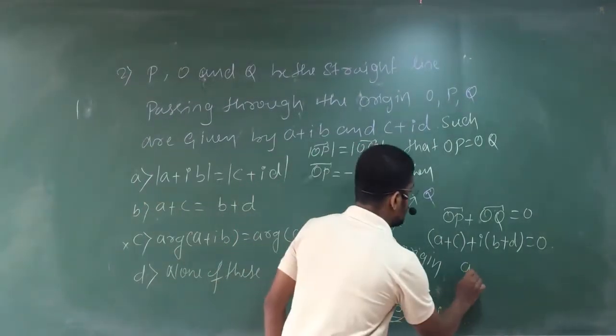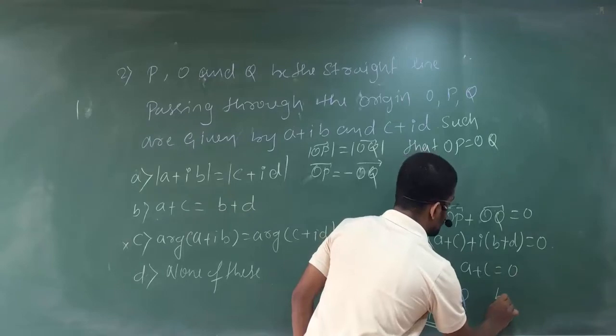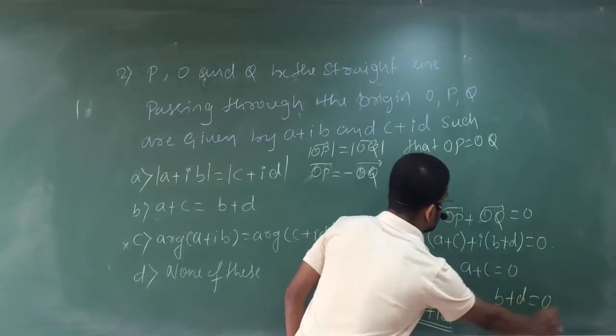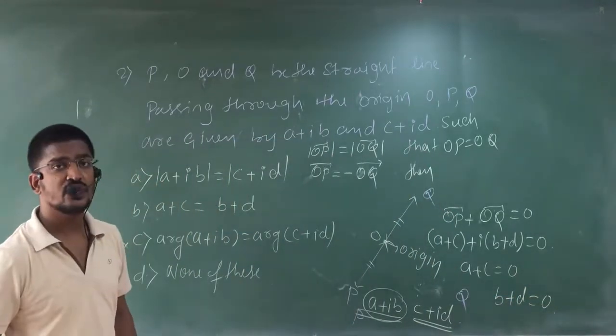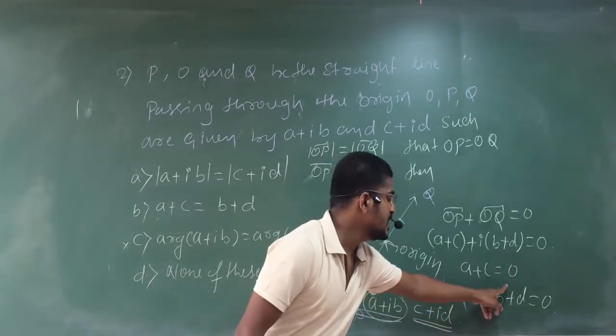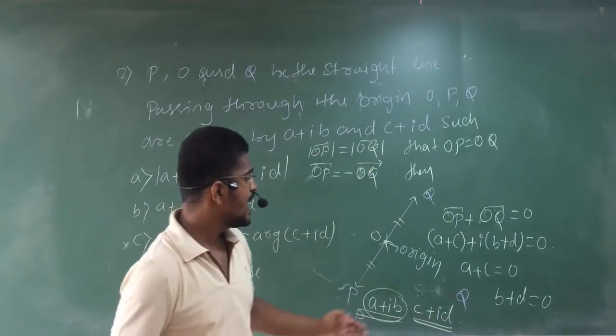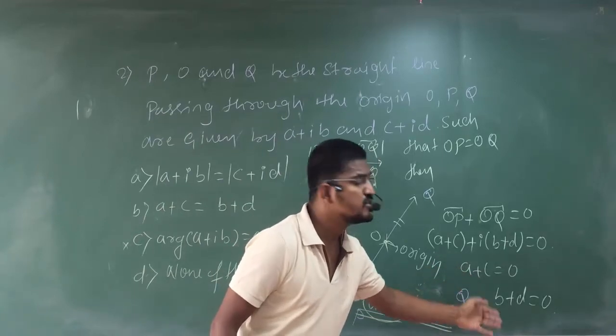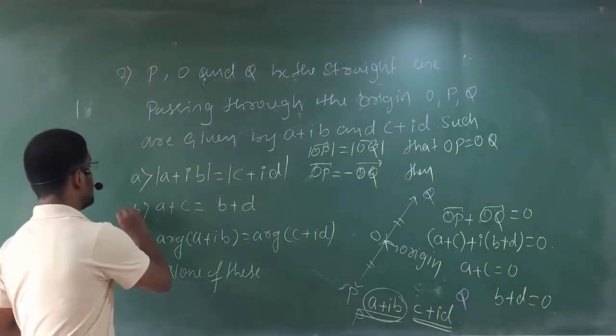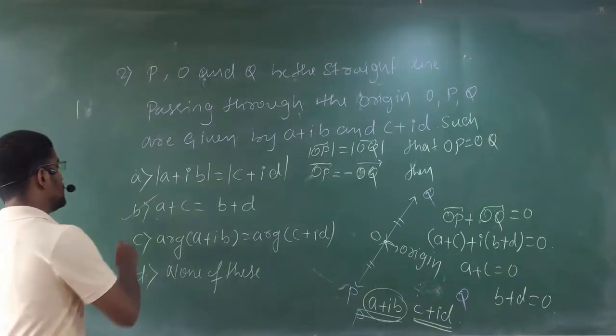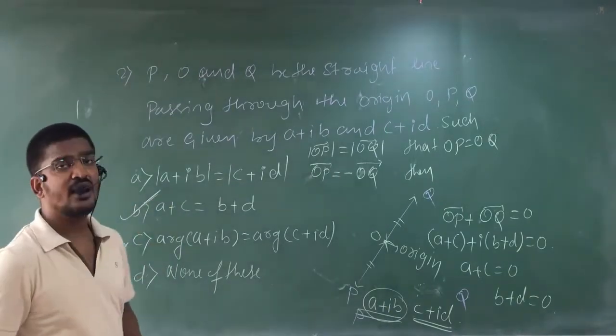That means A plus C equals 0, B plus D is also equal to 0. Clear, students? Therefore, these two numbers are equal, and option B will be your answer.